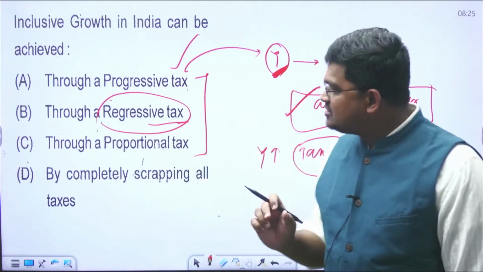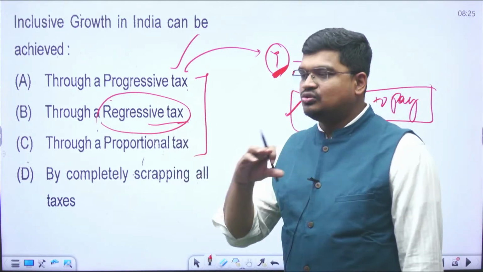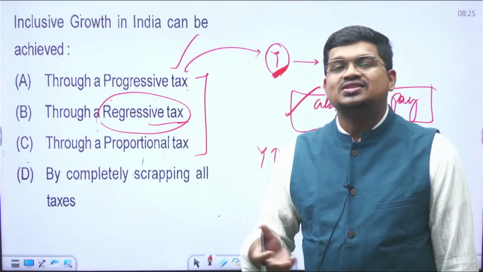So the example of regressive tax is indirect tax, the tax we pay on goods and services.